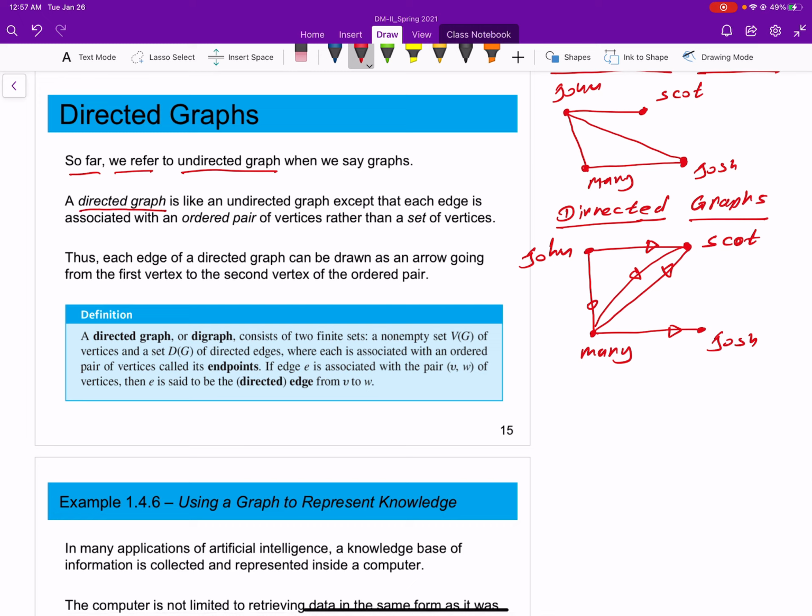A directed graph is like an undirected graph, except that each edge is associated with an ordered pair of vertices rather than a set of vertices. They are ordered pairs of vertices. Ordered means there should be a direction. Direction is important.